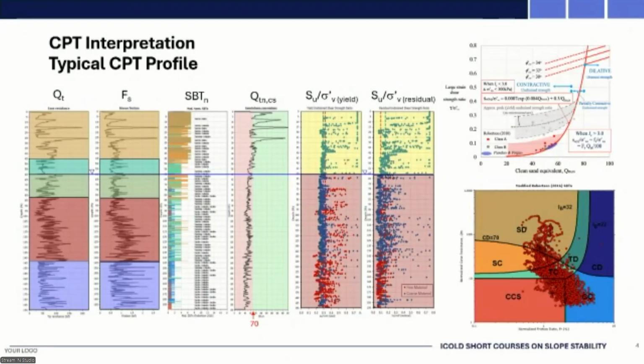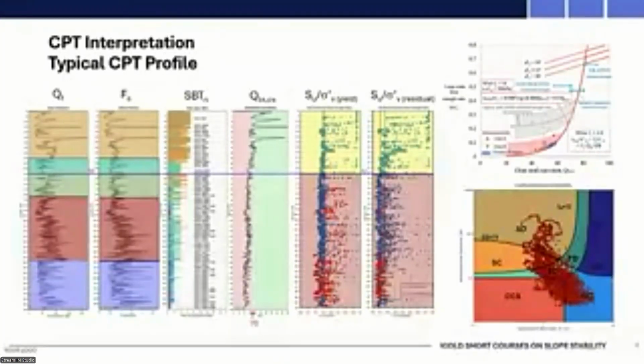We are typically using the Robertson interpretation approach. The Su over P for yield or peak and residual comes from the chart at the upper right, which is Peter Robertson's correlation for residual strength, which is based on case histories and is inherently a fairly conservative interpretation of the historical case histories.